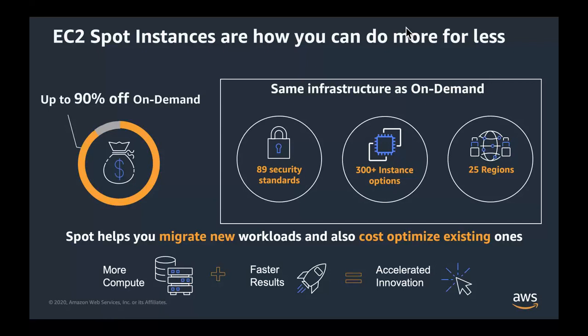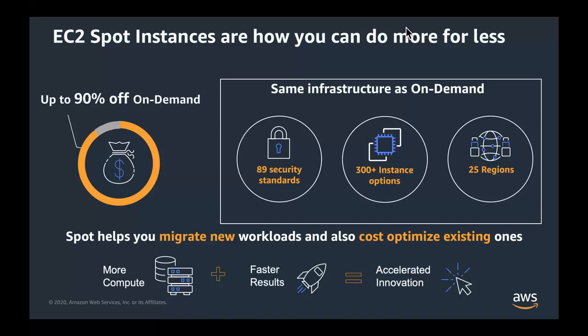All right. Spot is spare on-demand capacity that is available for up to 90% off of on-demand prices. The infrastructure for Spot is the same as on-demand and RI, with support for the same number of 89 security standards in 25 regions and 300 instance types that AWS supports.